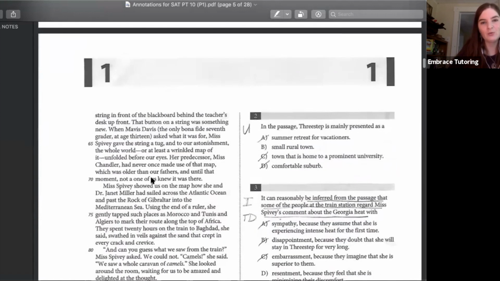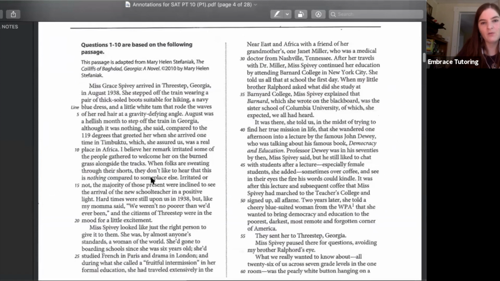You want to make sure there are a whole lot of proper nouns, like 3-Step Georgia, August 1938. There are so many proper nouns and other pertinent information. Columbia University, Barnard College, Nashville, Tennessee, 1938, WPA.